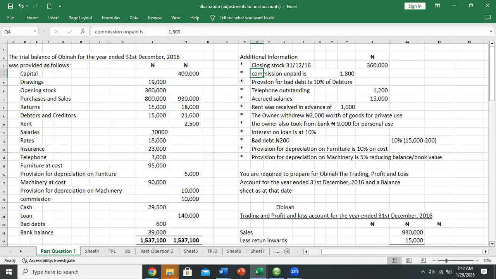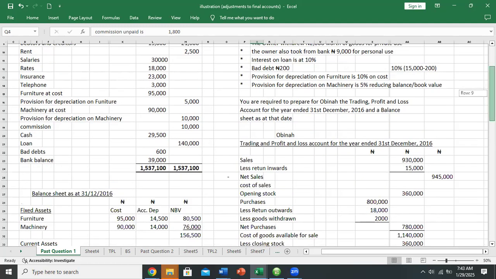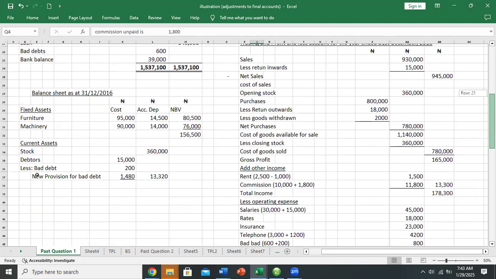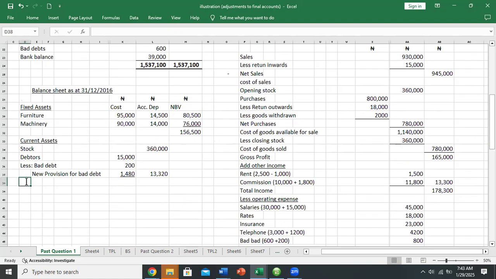That's the income owed. That is the only thing that will be part of the current assets. The commission unpaid, 1,800. So the question didn't have any prepaid expense. It was only accrued income, or an income that has been unpaid or the business has not received it. And we saw it's an asset.